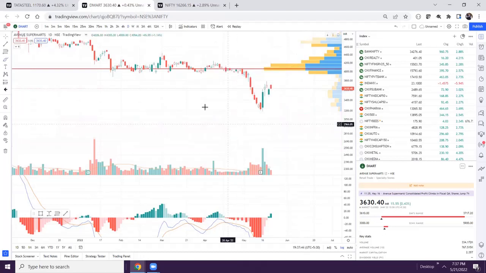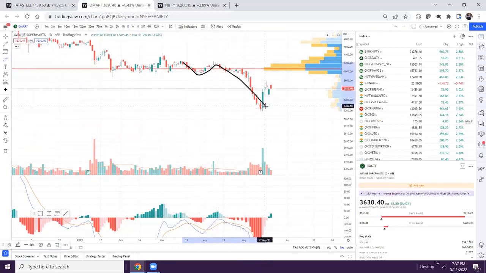This is the inverted head and shoulder. But this is not formed yet. I am saying that something like this may happen. It is an incomplete head and shoulder. Currently, if it has to move up, it will form something like this, and at this point you can enter.